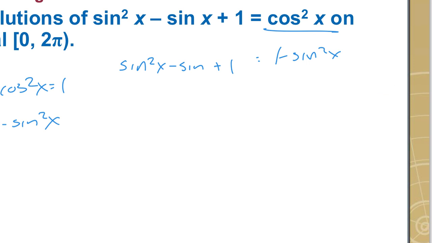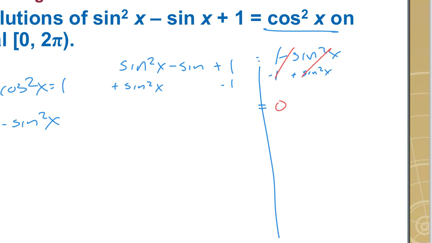So let's go ahead and subtract the 1 and add sine squared x to both sides. So subtract 1, add sine squared x to both sides. On the right-hand side, everything's going to cancel out, leaving us with 0, which was the intent.